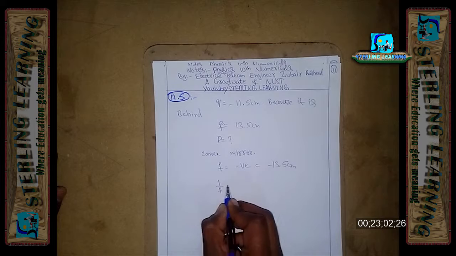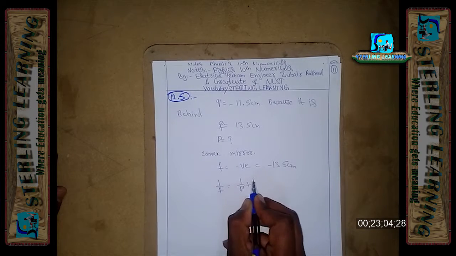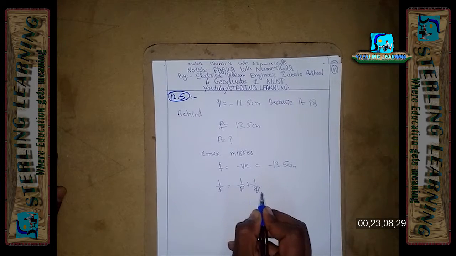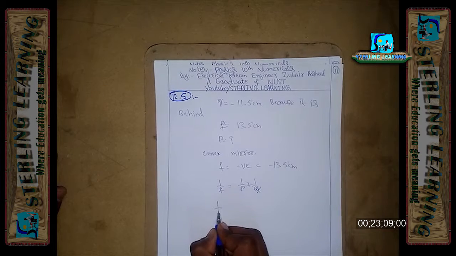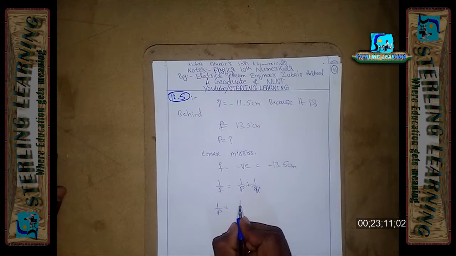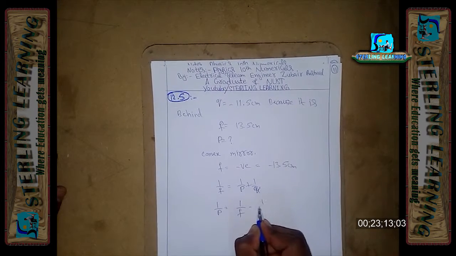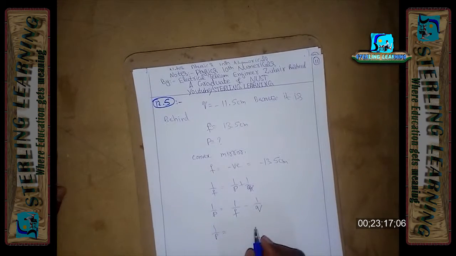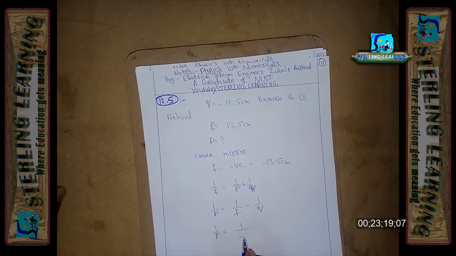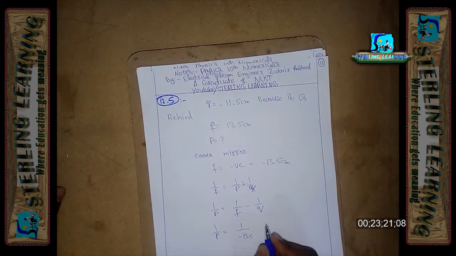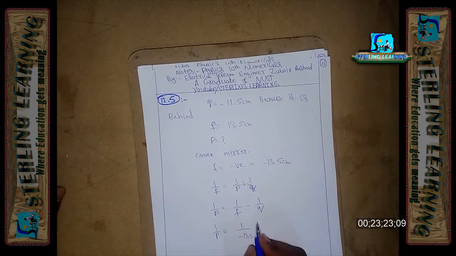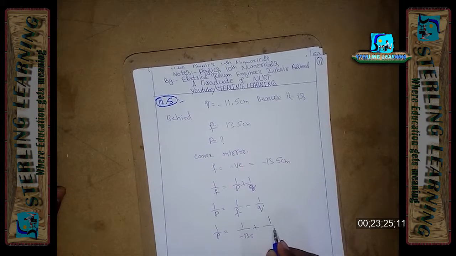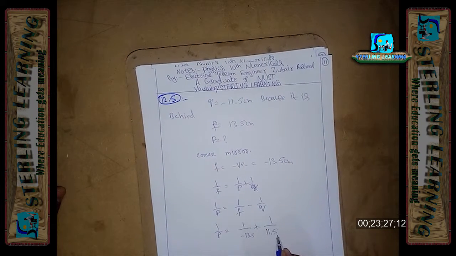Formula is 1 over F is equal to 1 over P plus 1 over Q. We need to find P, so 1 over P remains on one side, and on the other side 1 over F minus 1 over Q. 1 over P equals 1 over minus 13.5, Q is also negative, negative and negative is positive, 1 over 11.5.